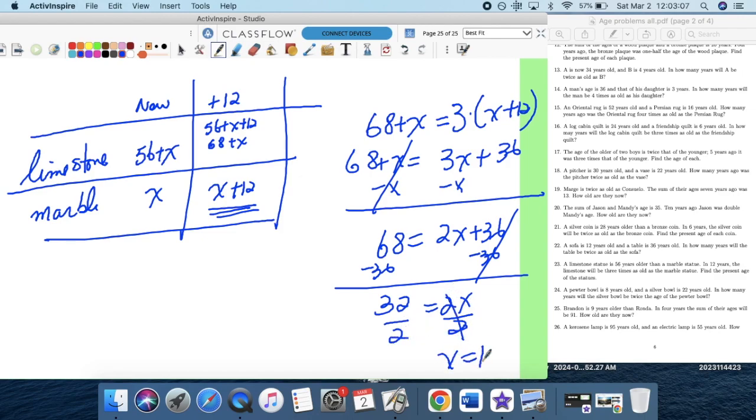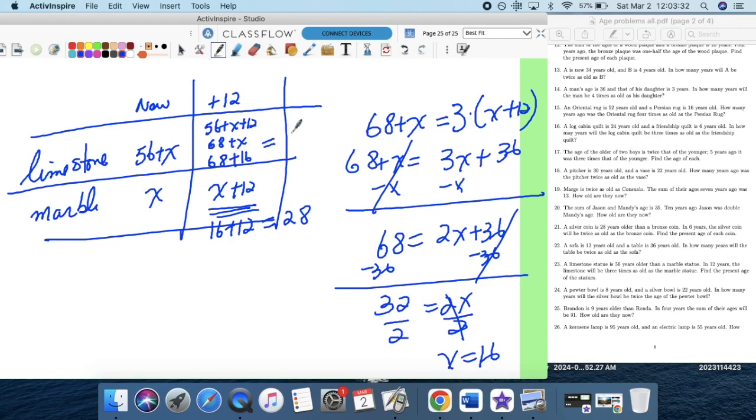x equals 16. So what's going to happen here in 12 years? The limestone will be 3 times as old. Well, let's see. In 12 years, the marble statue is going to be 16 plus 12. It's going to be 28. And this one here is 68 plus 16.